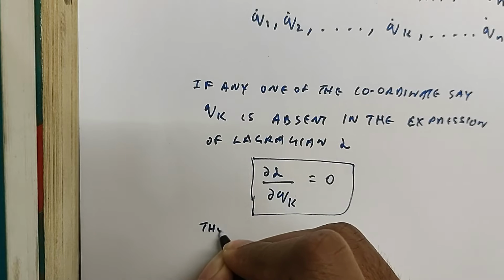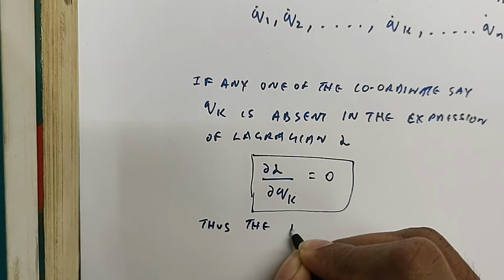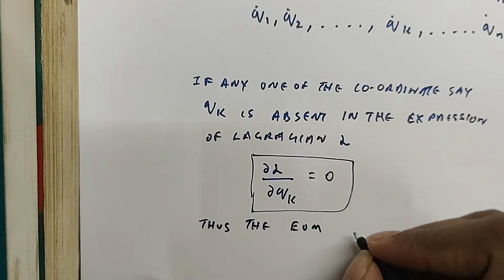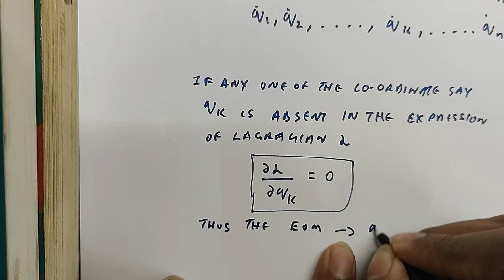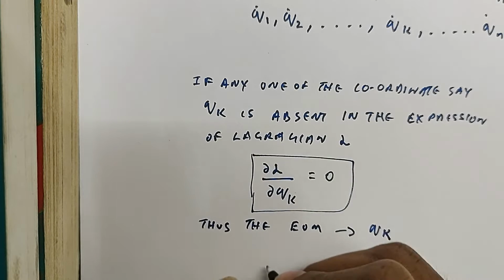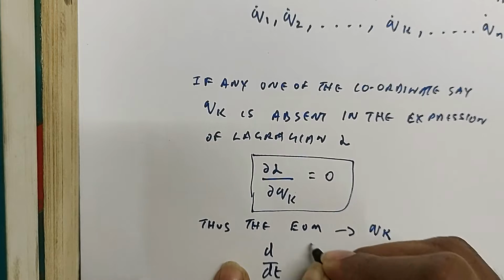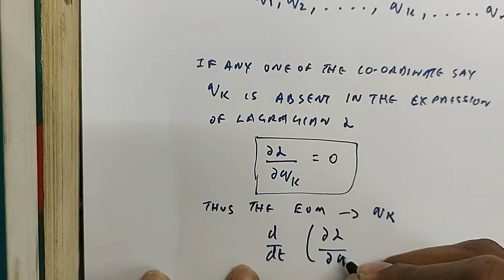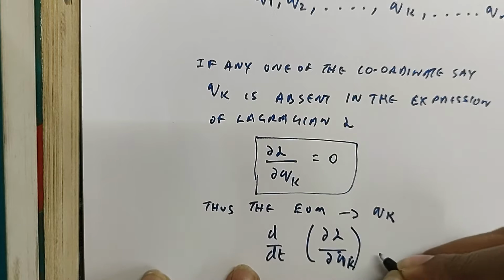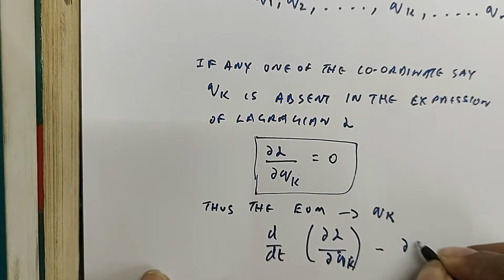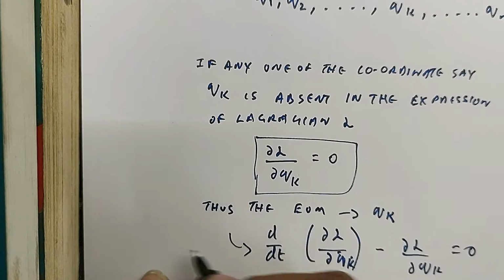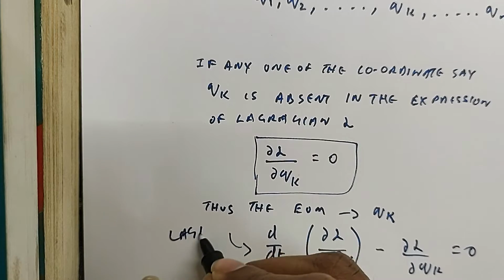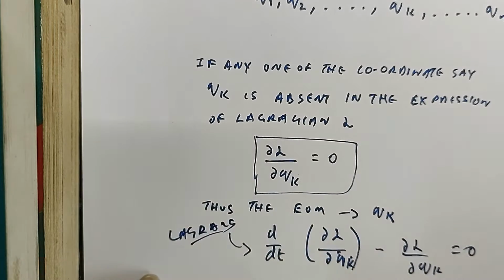Thus, the equation of motion corresponding to this particular variable qk becomes d by dt of dou L by dou q dot k minus dou L by dou qk is equal to 0, where we use Lagrange's equation of motion.